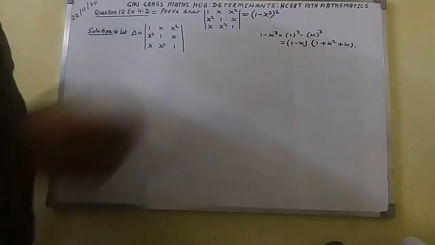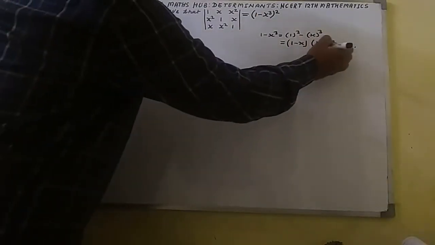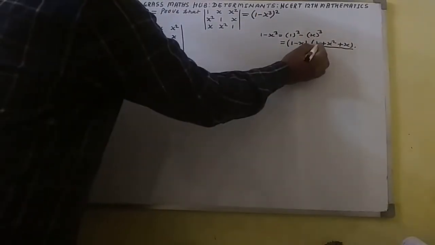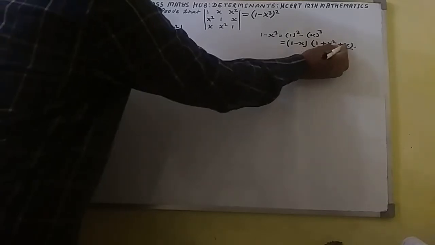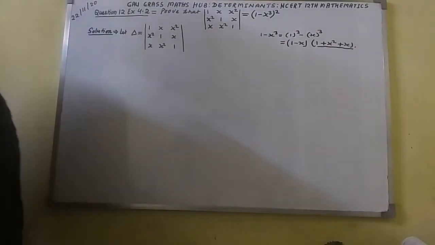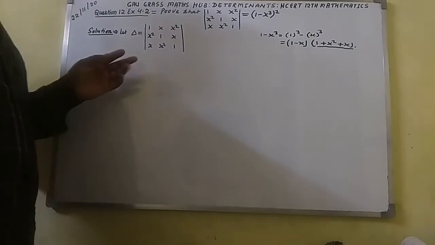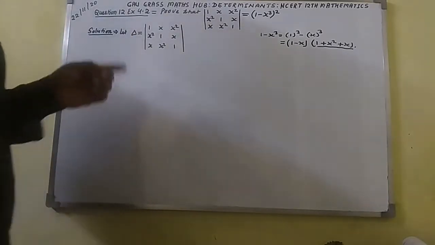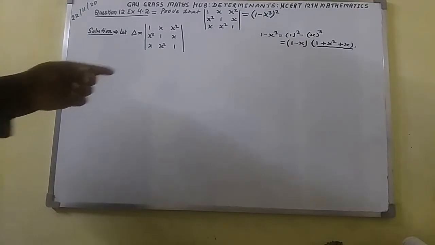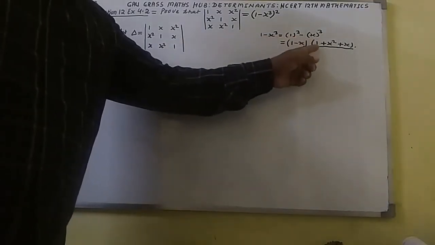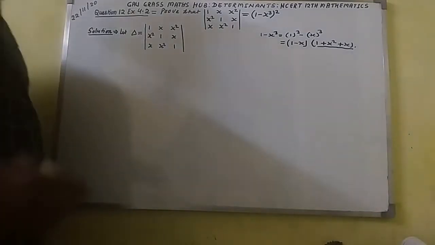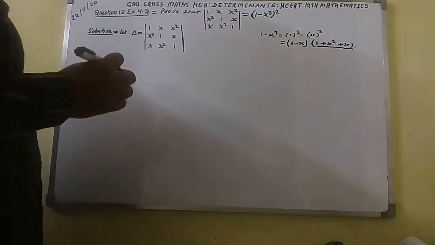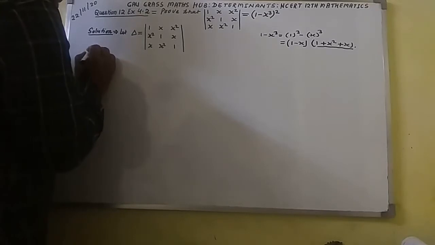Here you can see this term 1 plus x square plus x is there. So here I shall use the properties in this determinant so I get 1 plus x square plus x.